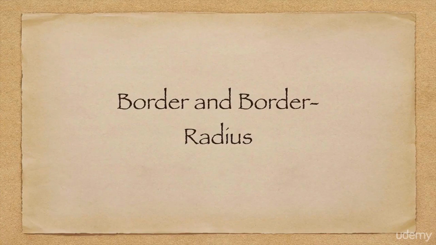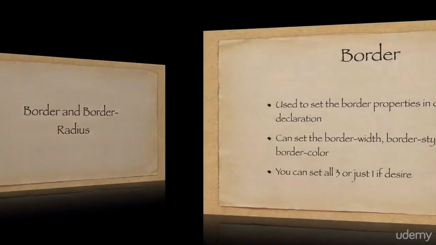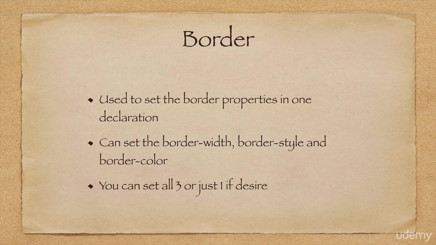Next, let us take a look at border and border radius. So border is used to set the border property in one declaration, or all the border properties in one declaration. We can set the border width, border style, and border color. And you can set all three in just one if desired.